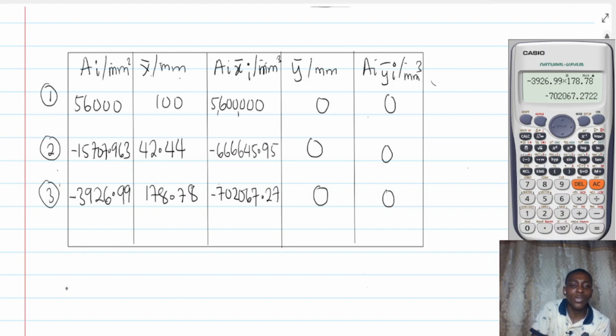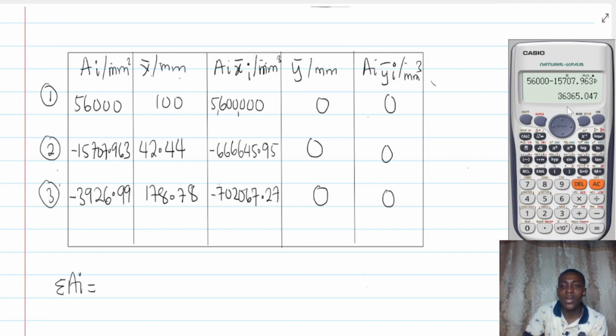So we are just going to sum A_i. Let's sum A_i. What are we going to get? We are going to get 56,000 minus 15707.963 minus 3926.99.